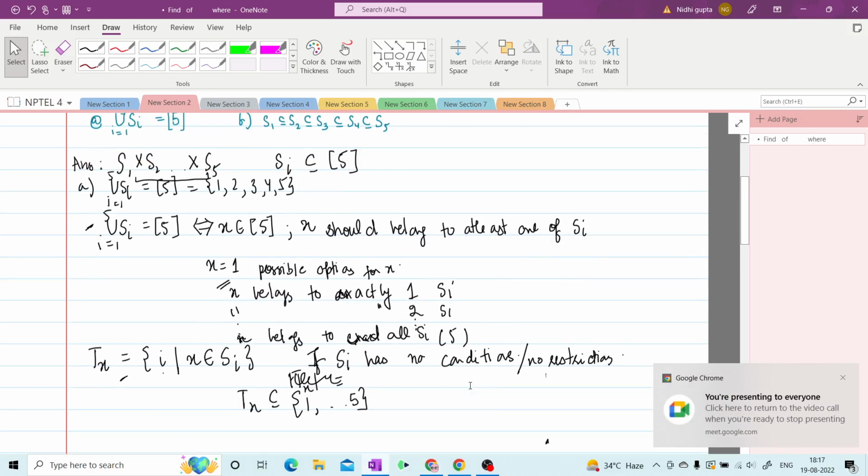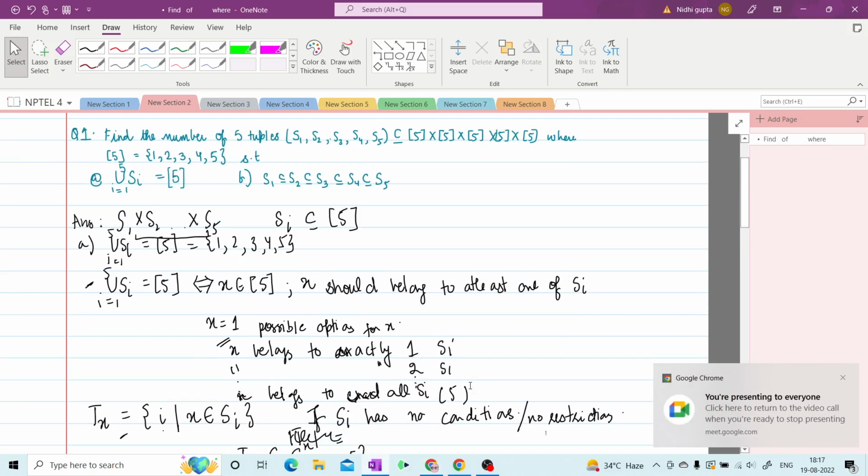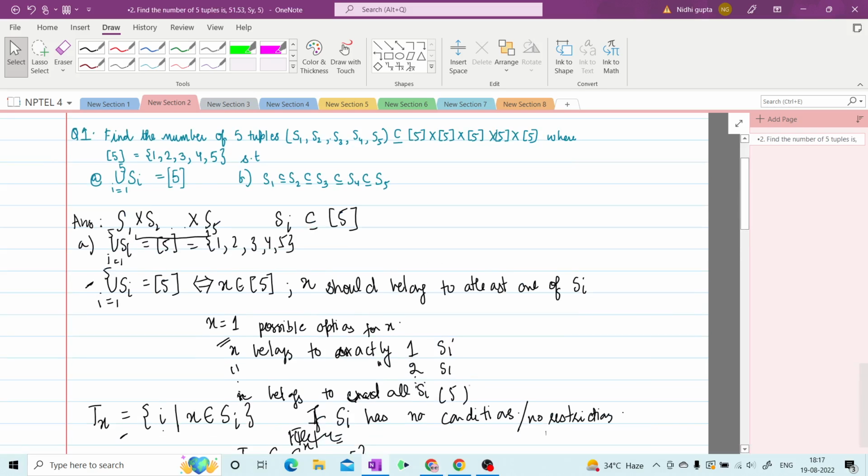Okay, somebody joined. So we were discussing this question: we have to find the number of 5-tuples S1 till S5 contained in [5] cross [5] cross [5], where [5] is the set of first 5 natural numbers, 1, 2, 3, 4, 5.